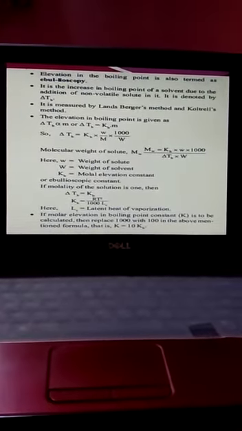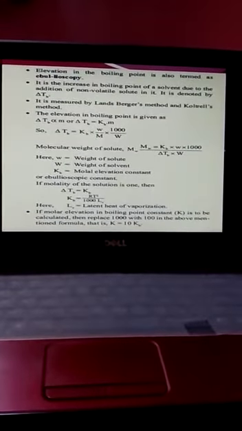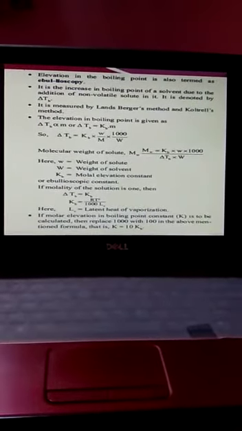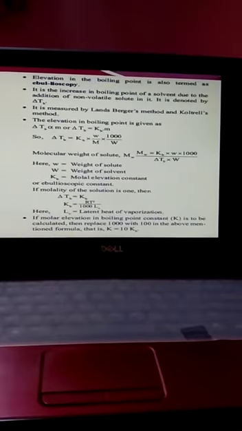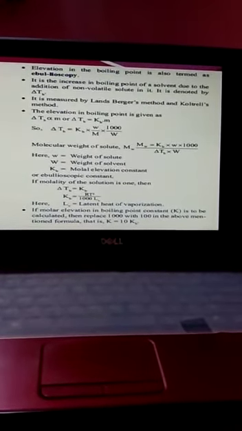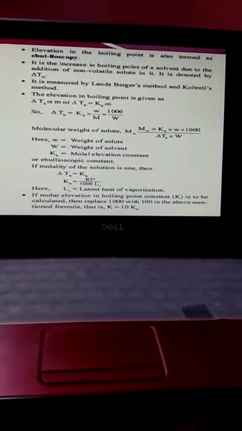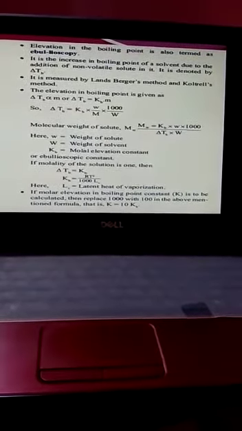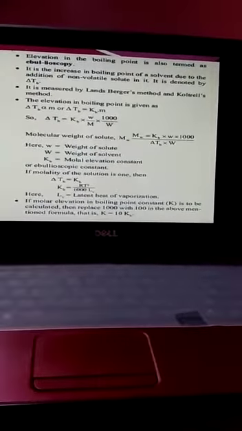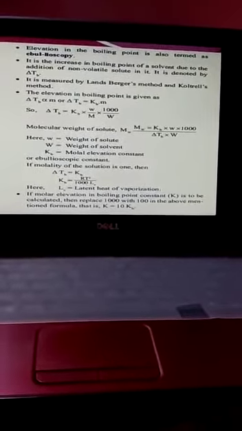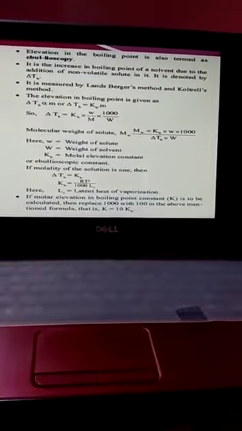Therefore, delta Tb is equal to K into Ma into molality. K is the proportionality constant, Ma is the molar mass of the solvent. Now, when we multiply these two constants, we get the third constant, Kb, where delta Tb is equal to Kb into m.